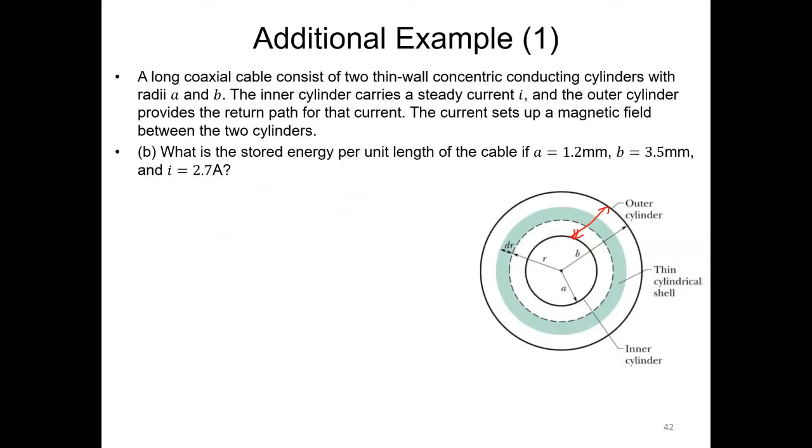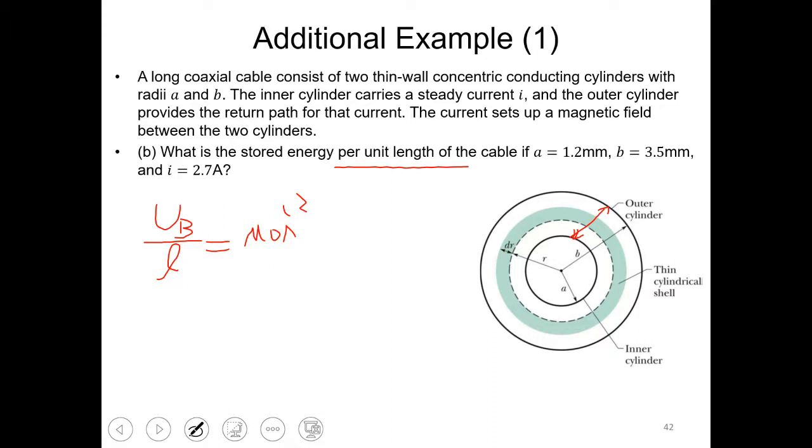Okay, so move on. What is the stored energy? It's just substituting all the numbers in it, per unit length. So actually, what we really need to calculate is UB over l, which is mu 0 I square over 4 pi times ln b over a.